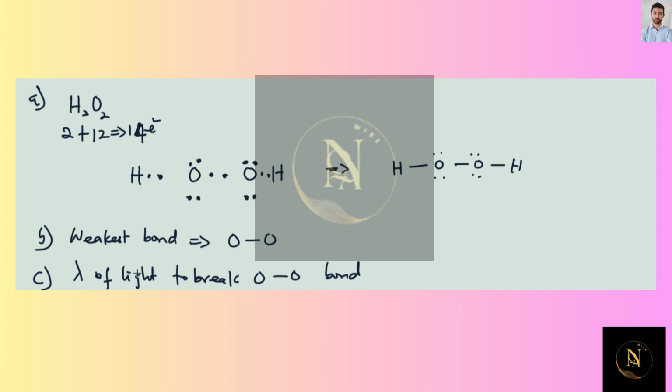So we need to have an idea of what the bond strength of the O-O bond is. So we know HO-OH, when it breaks, you form HO radical plus HO radical. And the enthalpy for this reaction is 142 kilojoules per mole.